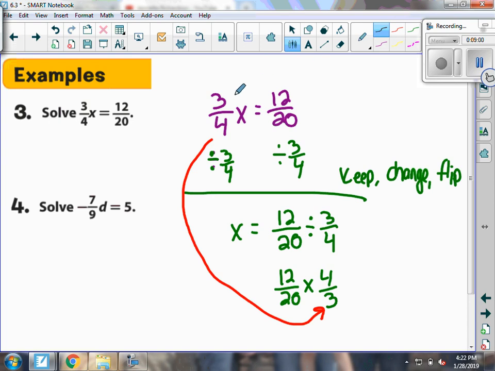Okay. So this is the part that I want you to write down. So write down what I have here in purple, and then what I'm going to write in black. So instead of going through all of these steps, I'm going to kind of just do it in my head. I'm going to multiply both sides by the reciprocal of this number, the flip. So I'm going to multiply, there's the change, by my flip, by my reciprocal.